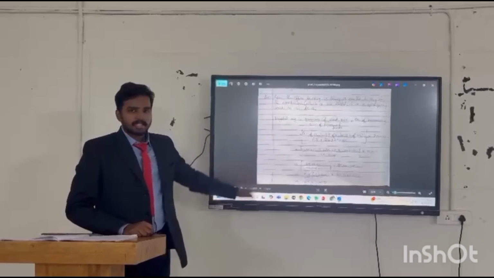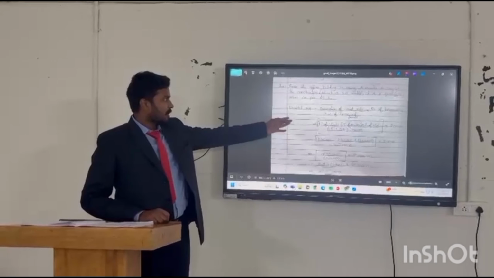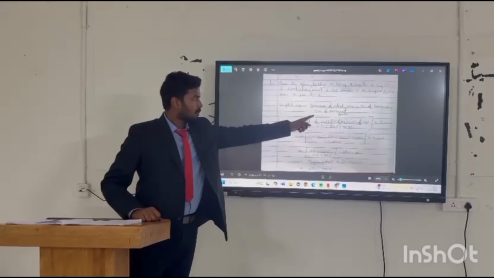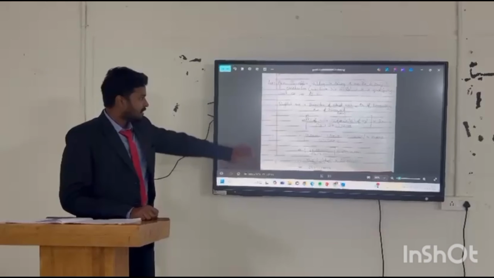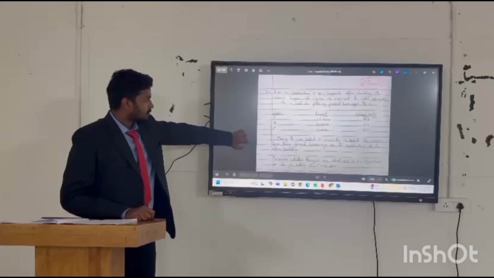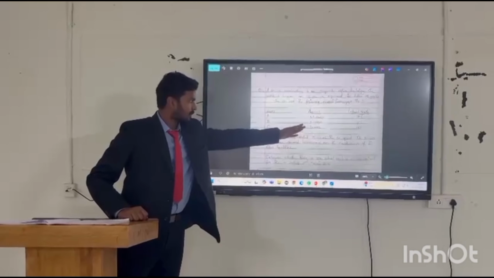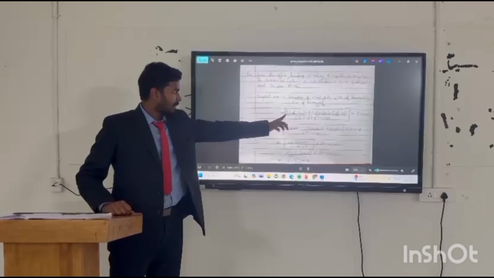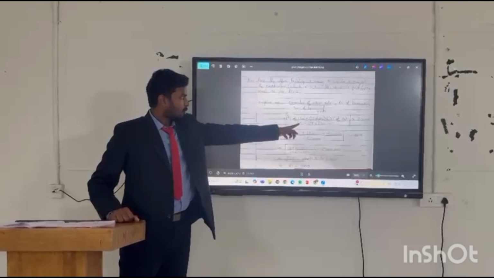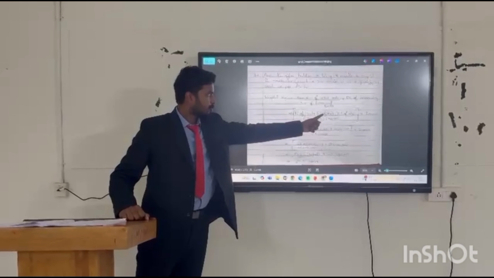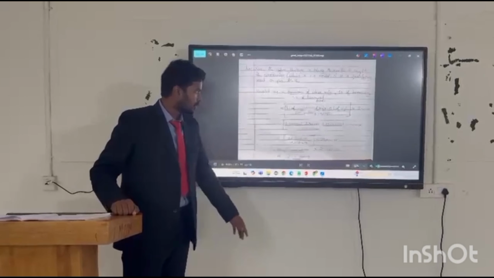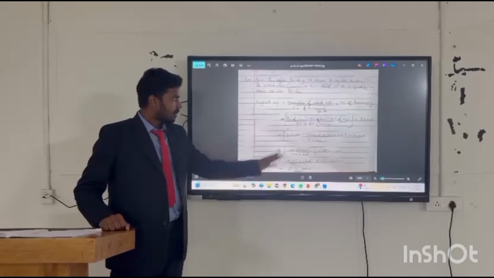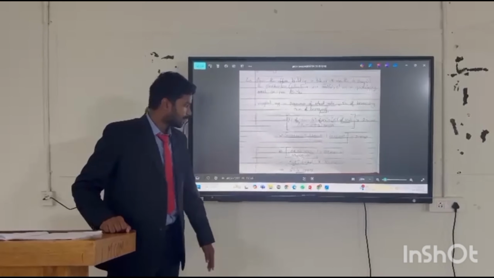So next is to calculate the weighted average. The formula for calculating weighted average is summation of interest amounts divided by sum of borrowings. Here, as I mentioned earlier, there are 3 loan accounts: 1.5 crores, 2 crores and 1 crore. We have to sum this amount with the corresponding interest rate. 9% of 1.5 crores plus 11% of 2 crores plus 13% of 1 crore, whole divided by the sum of loan amounts, which is 4.5 crores, whole multiplied by 2 crores.